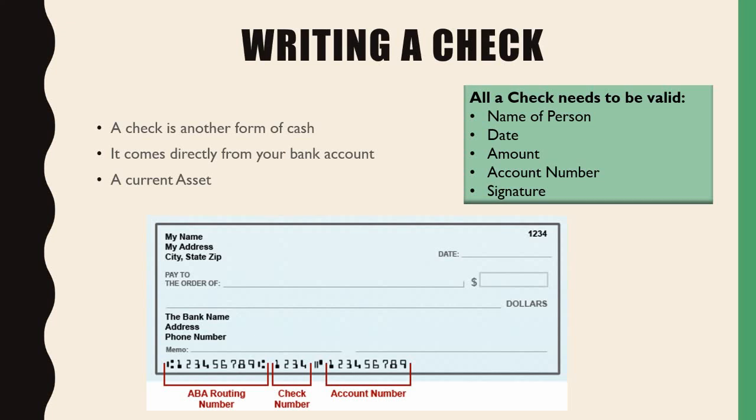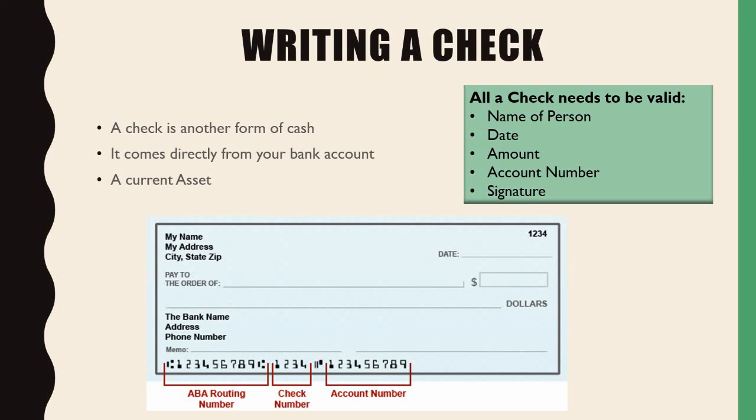So again, checks nowadays are not as widely used, but they are a good type of paper trail for businesses because it gives you a good track record. Because you have a check number that will keep track of where your money is going, and so on and so forth.